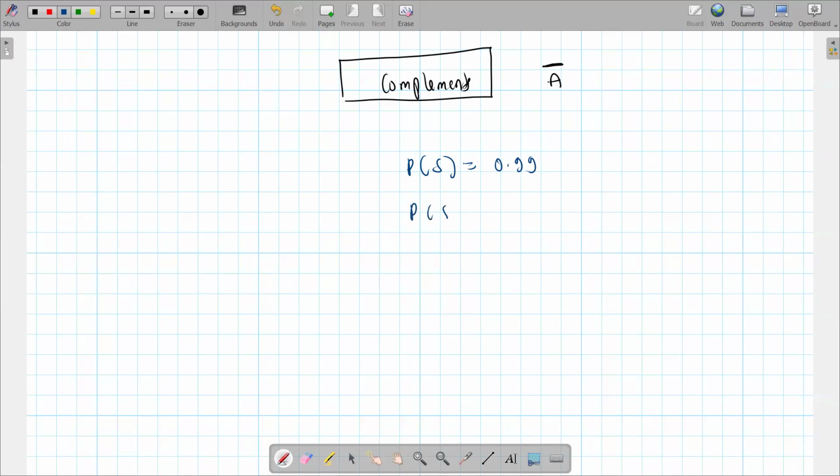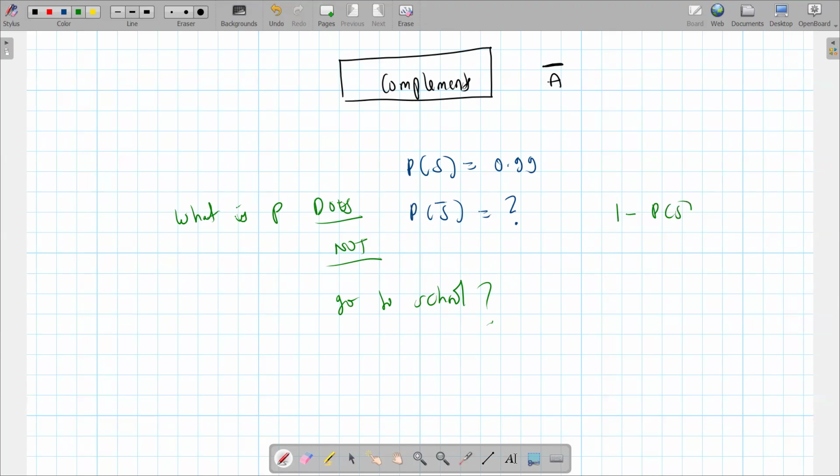What is the probability that the student does not go to school? That is the complement event. Okay. So what is P that the student does not go to school? And how do you find that probability? Well, you just do 1 minus the original event like this.